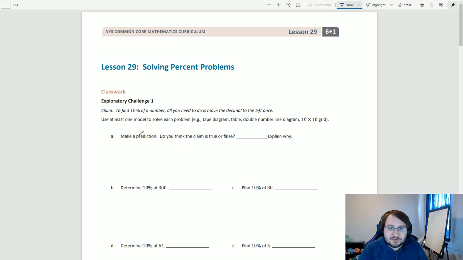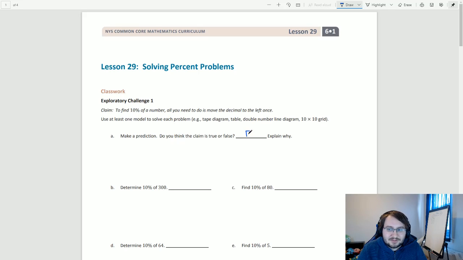So for the first claim in our exploratory challenge number 1, to find 10% of a number, all you need to do is move the decimal to the left once. Why would I move the decimal to the left once? That doesn't really make too much sense to me. There's nothing talking about decimals when it comes to here. So do I think it's true or false?